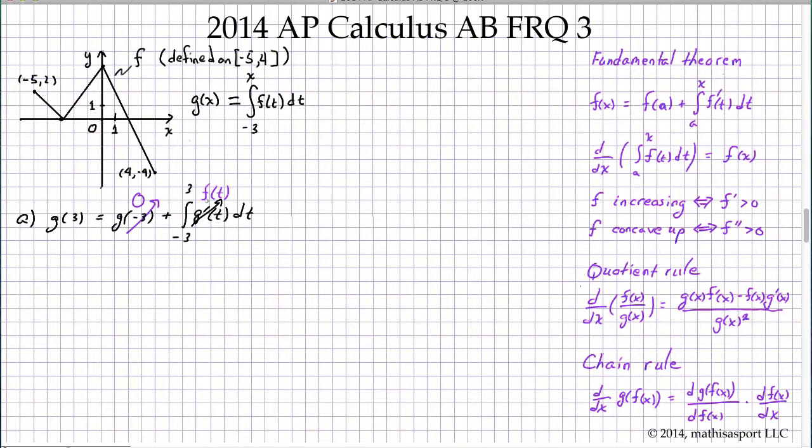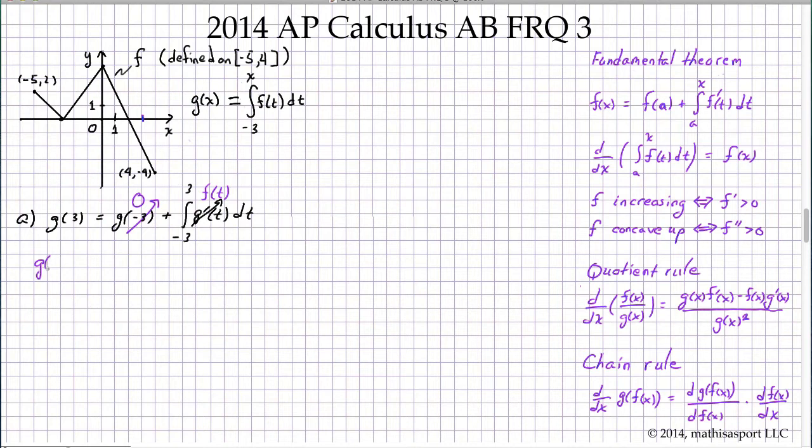So we're going to graphically evaluate how much signed area there is as we progress from left to right, beginning at negative 3 and continuing to 3, which would be right here. Okay. So let's see.